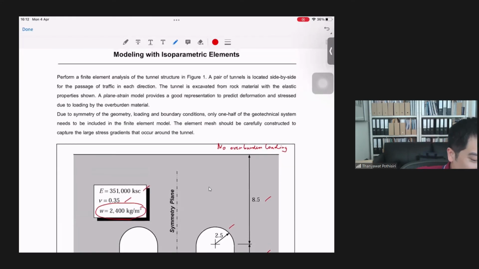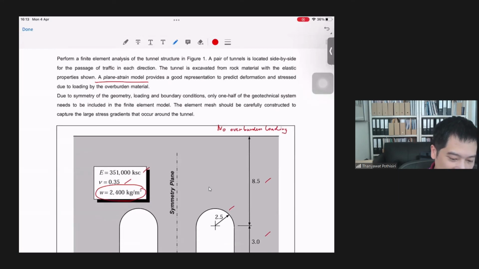I asked you to use a plane strain model for this problem because we are talking about tunnels, right? So it's better to use plane strain than using plane stress to model tunnels.